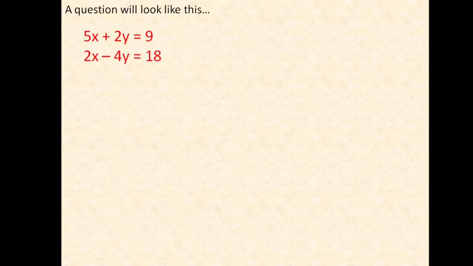We have two linear equations in two variables. The first equation is 5x plus 2y is 9 and the second equation is 2x minus 4y is 18. We're going to solve these two linear equations by using Cramer's rule.